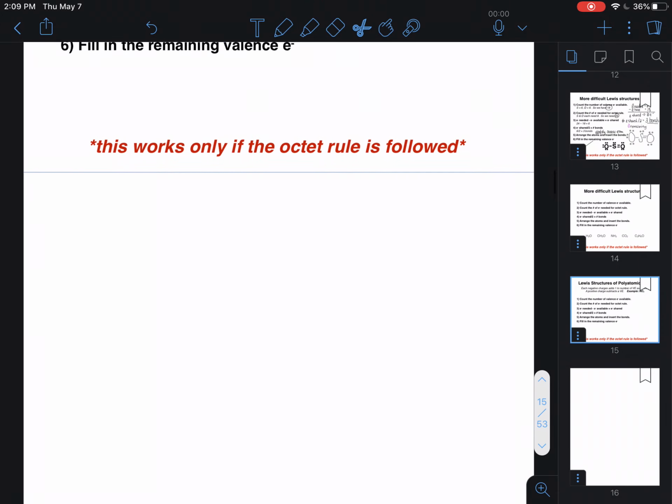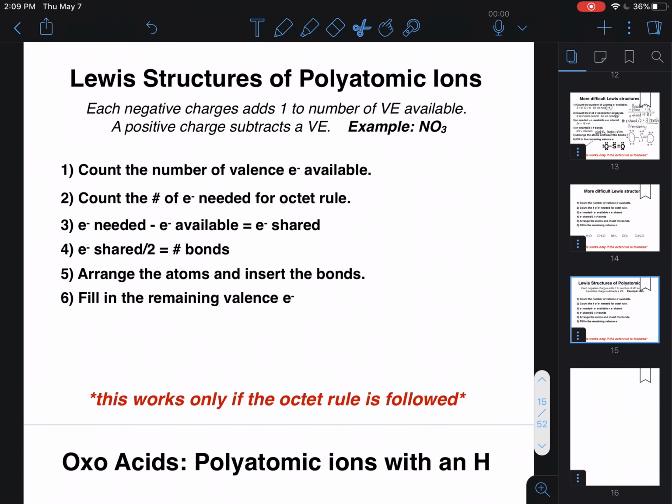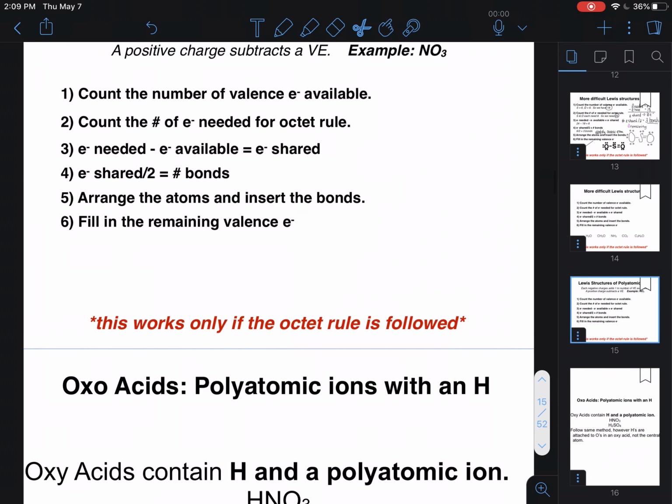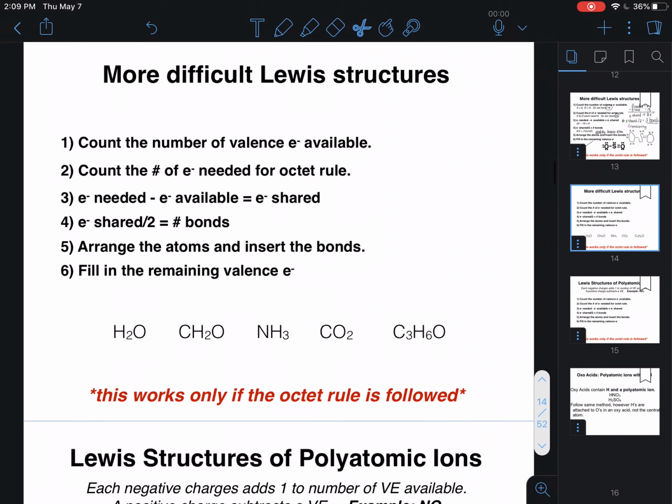And it's really important, you'll see this here, this example that I have right here, this only works if the octet rule is followed. There are some instances where the octet rule is not followed. There are some atoms that can have more than 8 valence electrons.